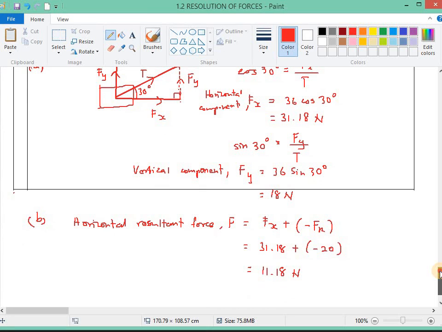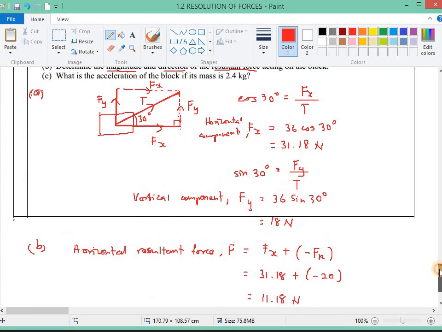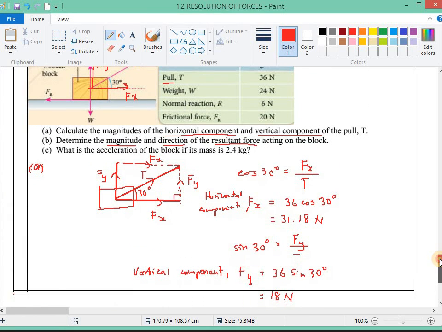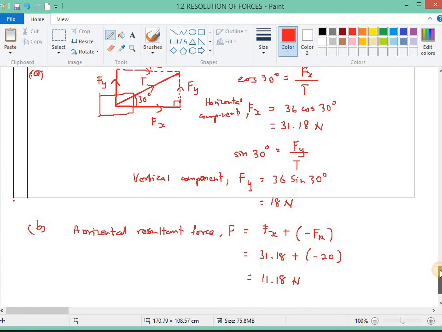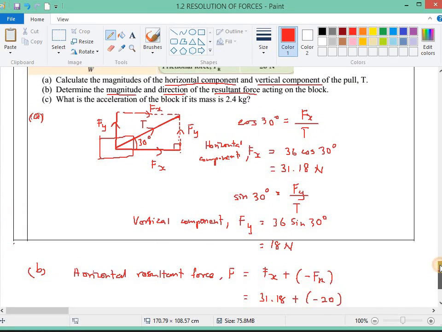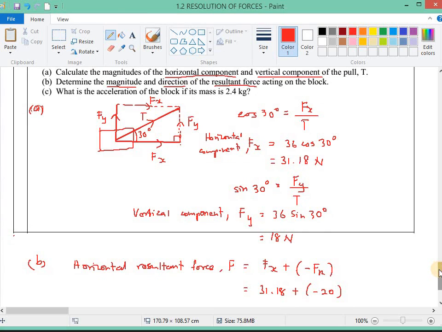Okay, horizontal resultant force 11.18 positive. So just the horizontal.